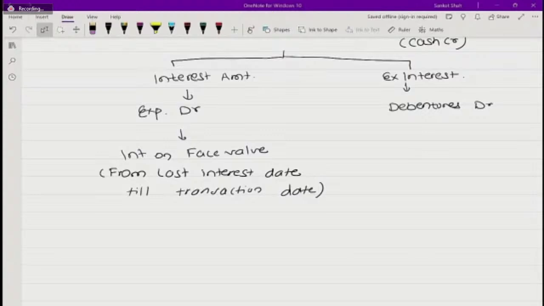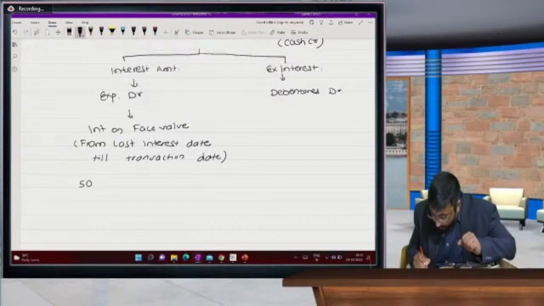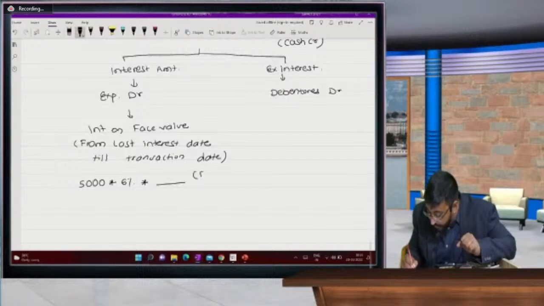So here, interest is always on face value. 5,000 into 6%. Last payment date is December.